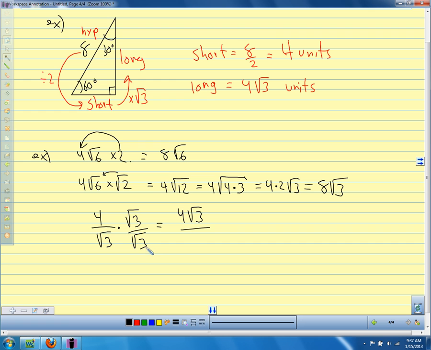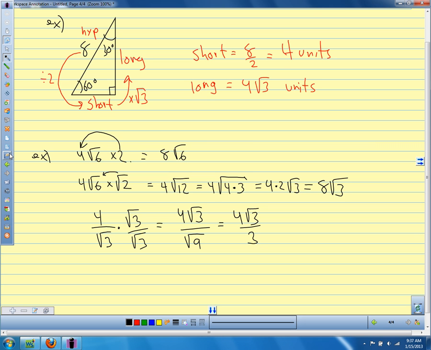Square root of 3 times the square root of 3 is just 3. Or I could think of these two numbers inside the square roots, they can mix. So I multiply to get square root of 9, and I get 4 square root 3 over 3. So just a real quick review on working with square roots: numbers inside square roots can mix, numbers outside square roots can mix, but they can't mix together.